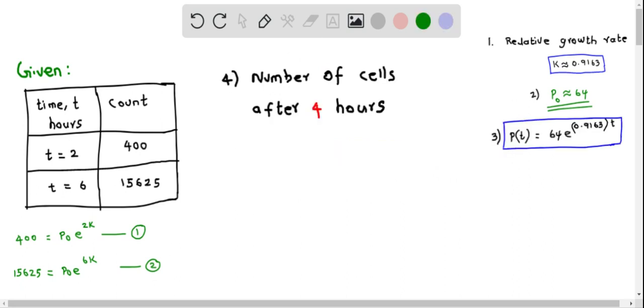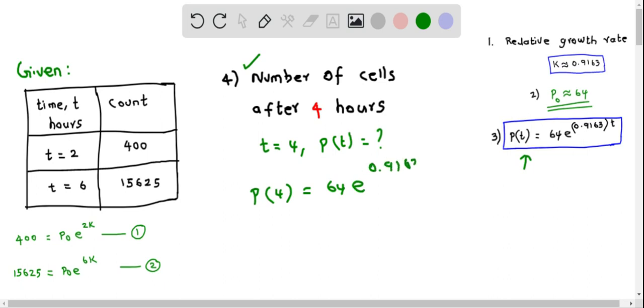Question 4 asks us to determine the number of cells after 4 hours. So basically, when t equals 4, we have to determine P of t. We have to replace t by 4 in this model. So this becomes P of 4, and this equals 64 times e raised to the power of 0.9163 times 4.